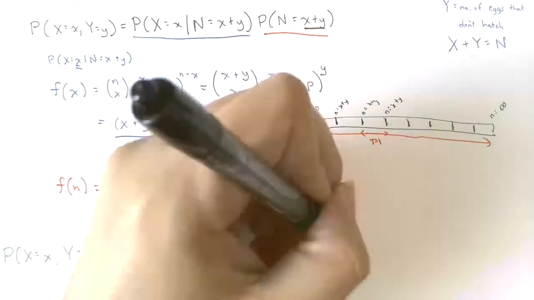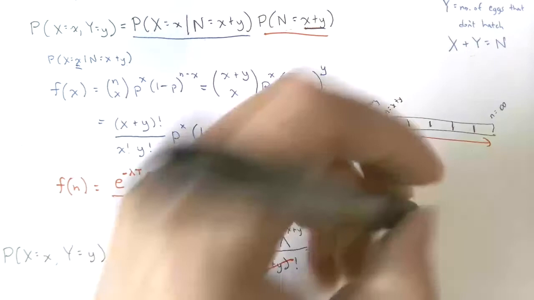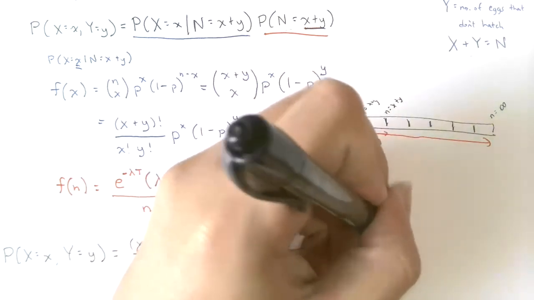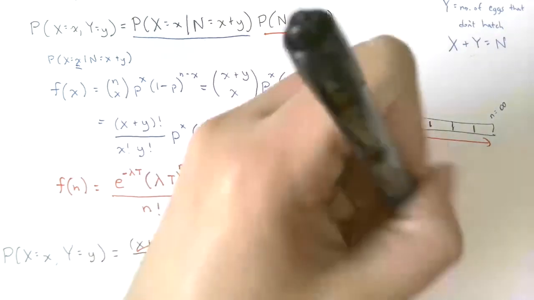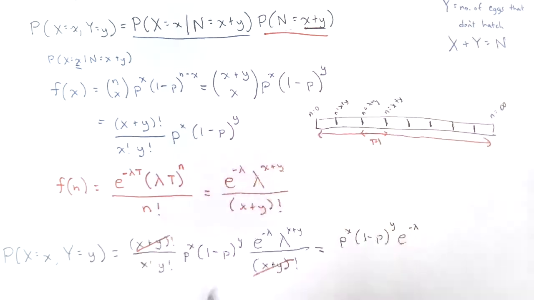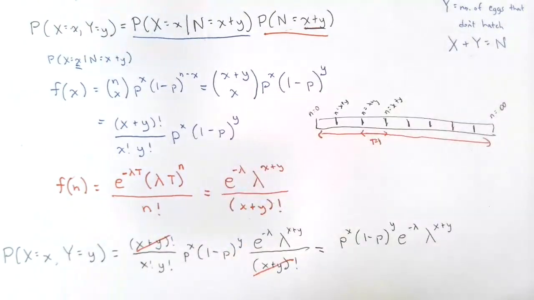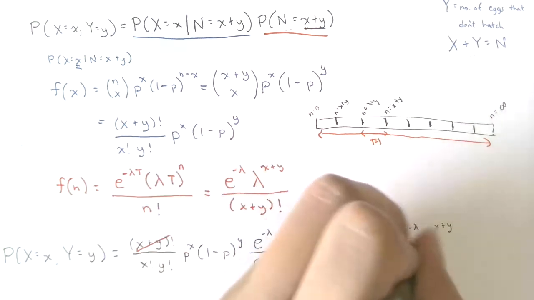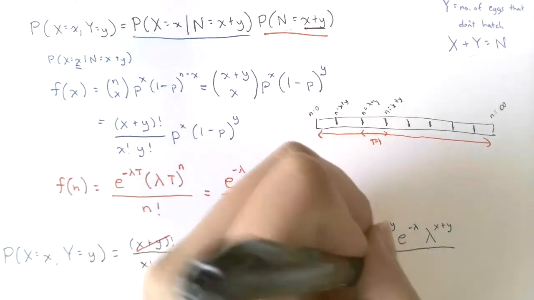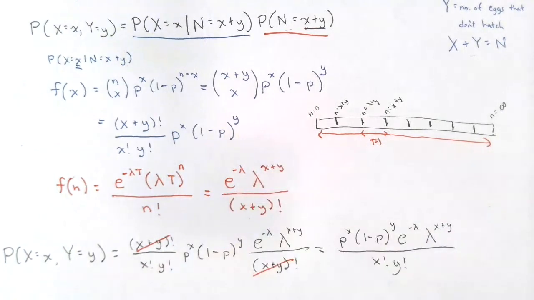So let's see what I have in my numerator: p to the power of x, 1 minus p to the power of y, e to the power of negative lambda, lambda to the power of x plus y. I've canceled out my x plus y factorial, but I still have x factorial, y factorial.